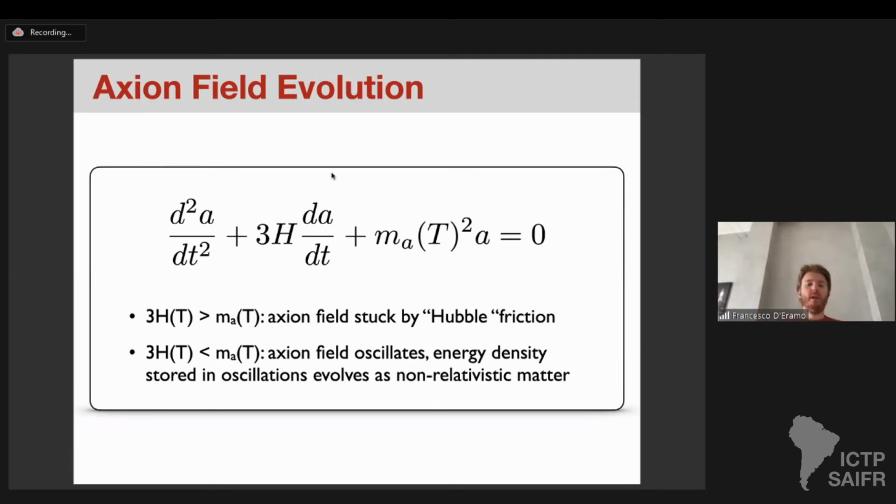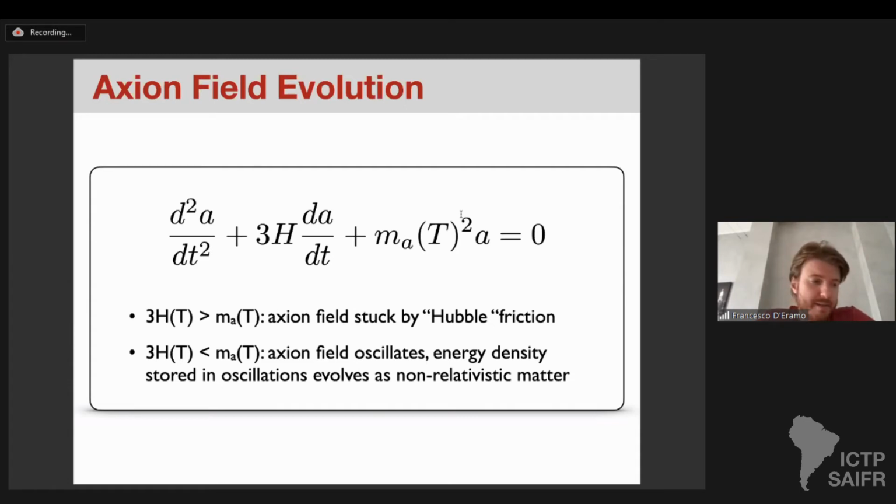Okay. So the equation of motion can be, of course, solved numerically just by plugging this expression into a calculator. But that's not what we'll do here. I will just discuss two main regimes, and then I will show you in the next slide the result of a numerical solution. The two regimes are the result of a comparison between Hubble and the mass.